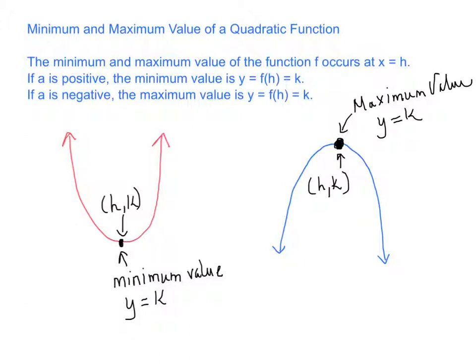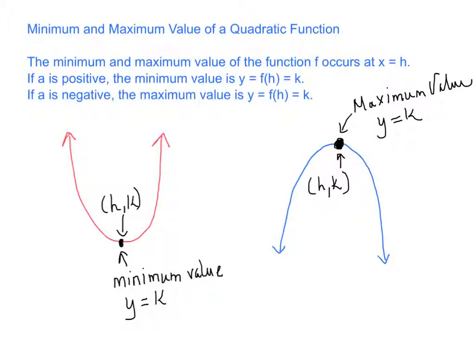We also want to be able to find the minimum and maximum value of a quadratic function. The minimum and maximum values of a function occur when x is equal to h. So if a is positive, the minimum value is y equals k. So that means the parabola is going to open up, just like we have in the diagram here.